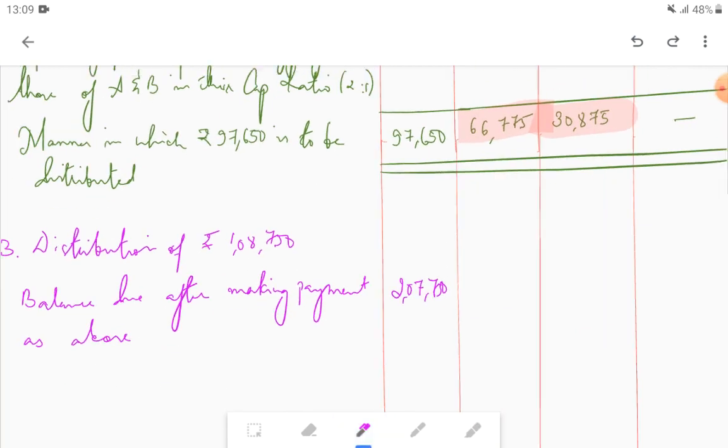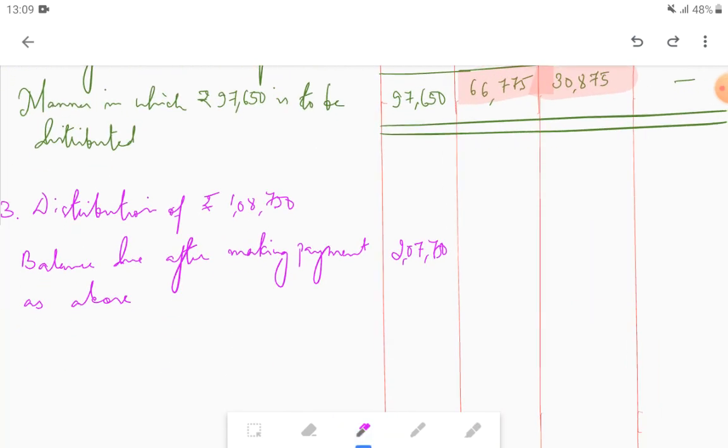Therefore, let's fill up this column here. For partner A, the amount is rupees 1,80,400 minus the amount received 66,775. So it should be rupees 1,13,625. In case of partner B, his balance due was 1,05,000 and he's received 30,875.